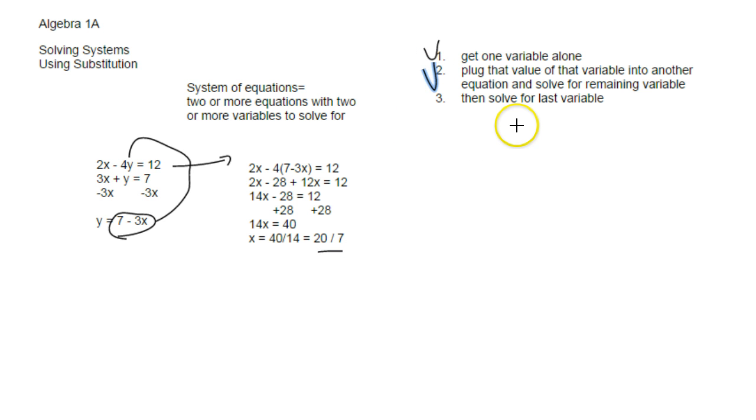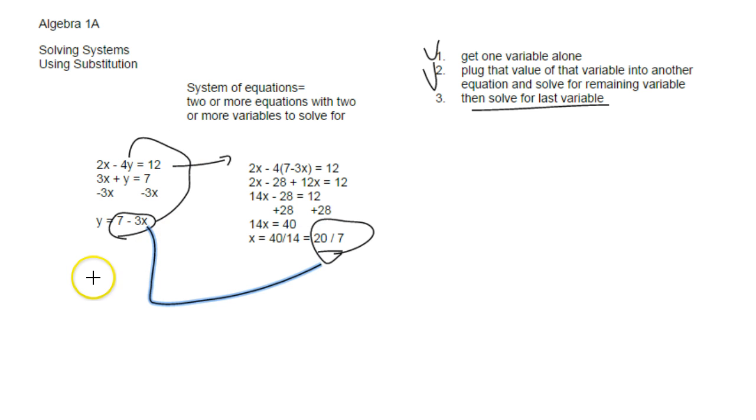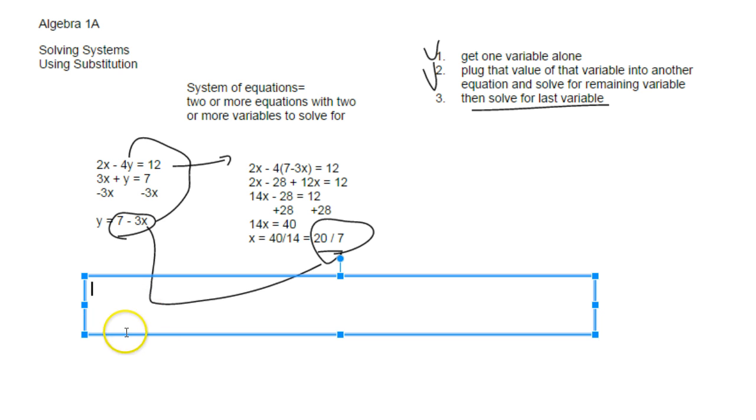Now that I've got that, I'm going to solve for the last variable. So now I know x is 20 over 7. I'm going to plug it back into here and solve for y. I get y equals 7 minus 3 parentheses 20 over 7. We multiply that out, so y equals 7 minus 60 over 7.